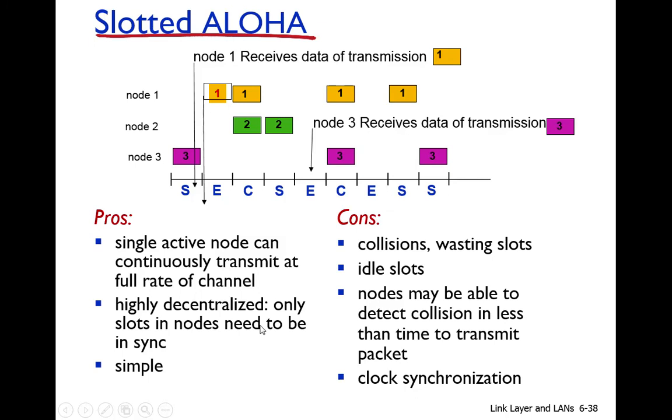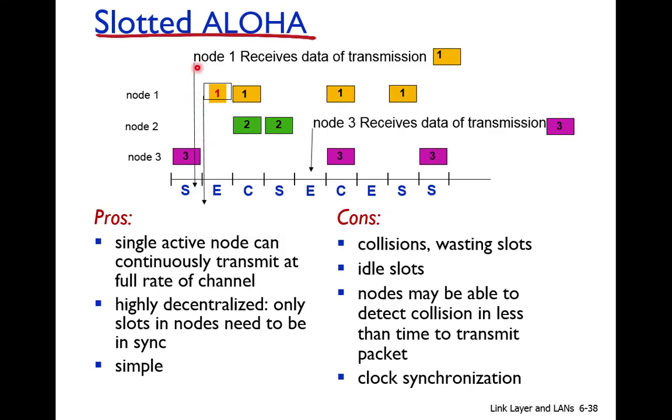So if there is a collision, it will be at the start, and the whole packet will collide. It is not the case, for example, that node 3 is transmitting and node 1 receives data at this time, so node 1 does not transmit.